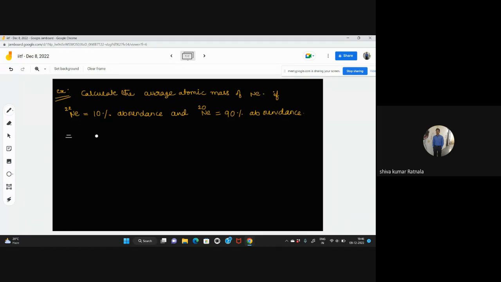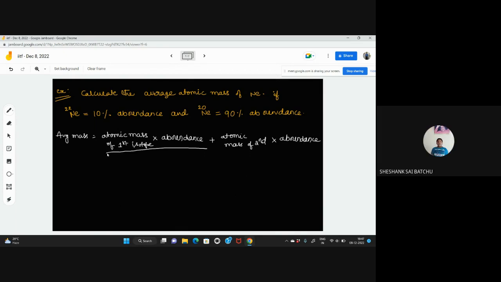Average mass equals atomic mass of first isotope into abundance, plus atomic mass of second isotope into abundance, whole by 100, total abundance.